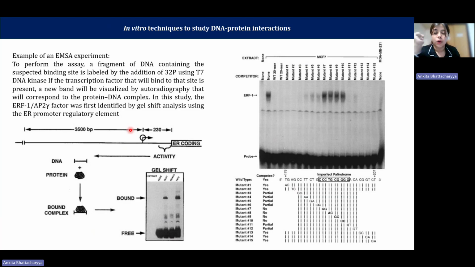For example, the TATA box, or the RNA polymerase binding site, or the splicing site. All of this information has been identified using such beautiful techniques, simple to the ears, but having very far-reaching consequences. So the impact is immense, and we should give credit where due.